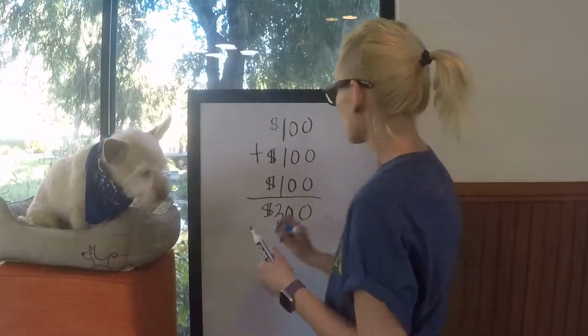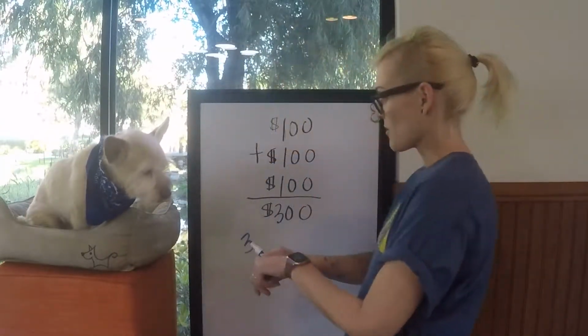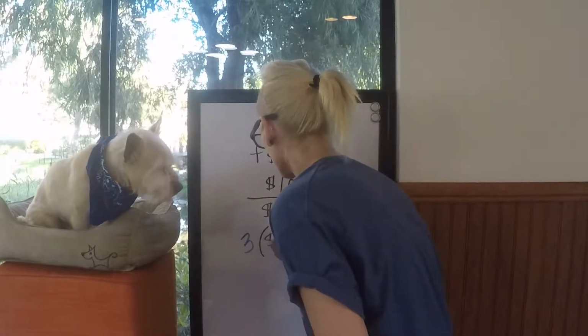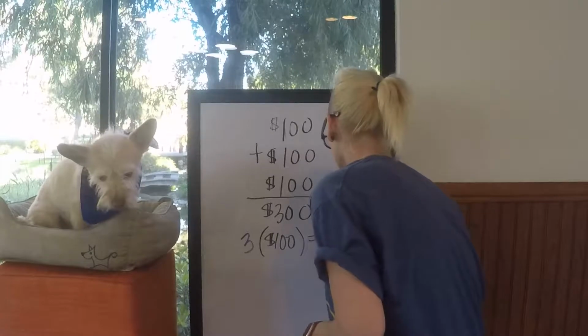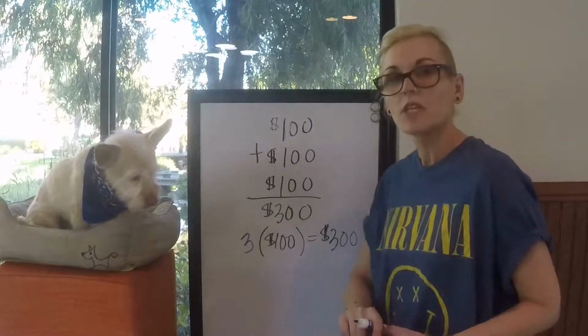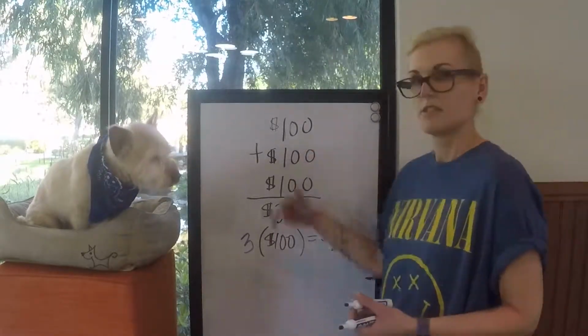I could say there's 3 of these. I'm going to multiply 3 by $100, and I'm going to get $300. Okay, so multiplication is repeat addition.